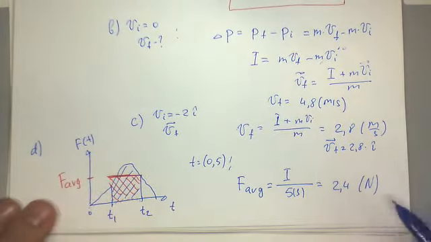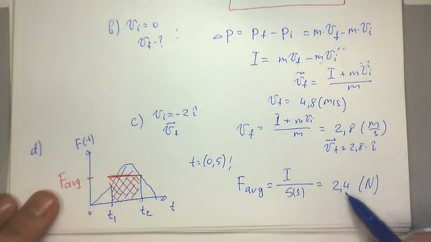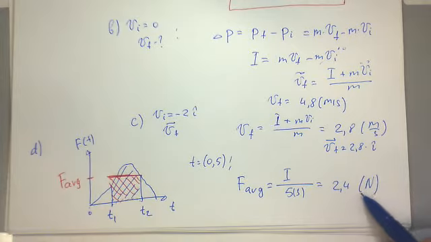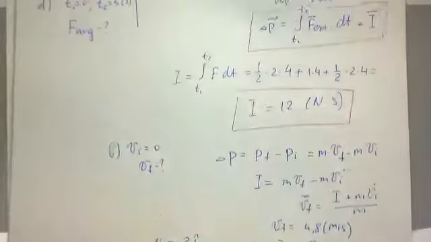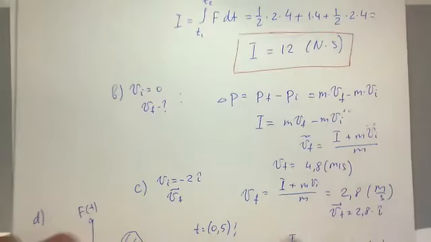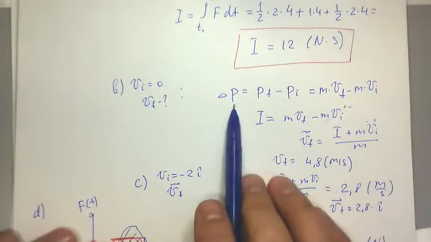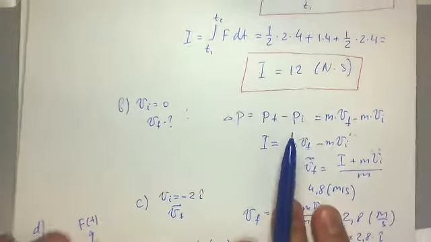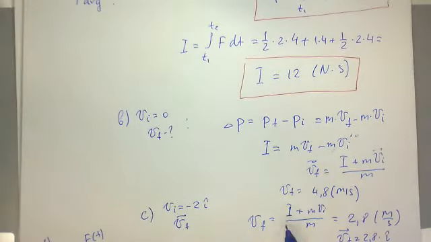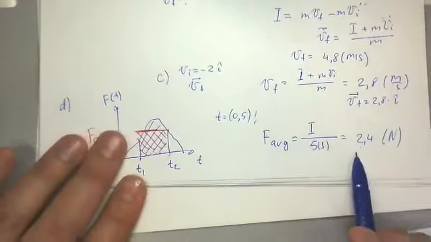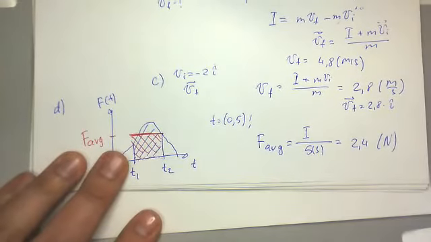So a constant force with a magnitude of 2.4 newtons, acting on the object for 5 seconds, would lead to the same change of momentum and the same impulse. Okay, so questions, please.